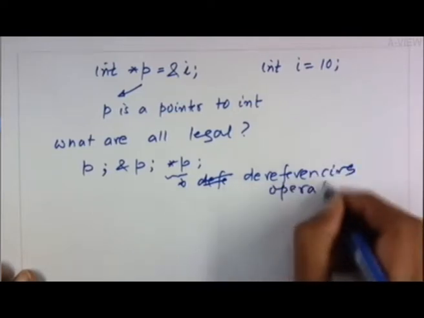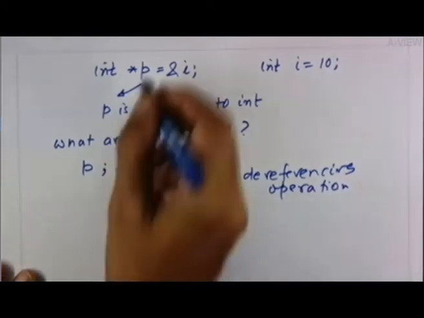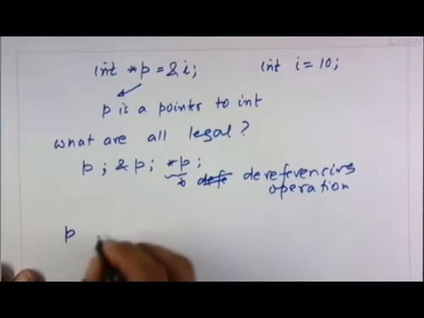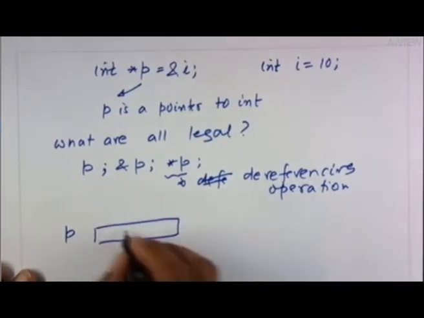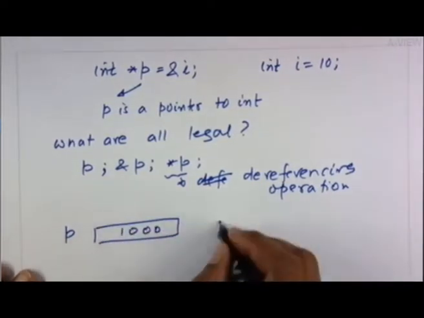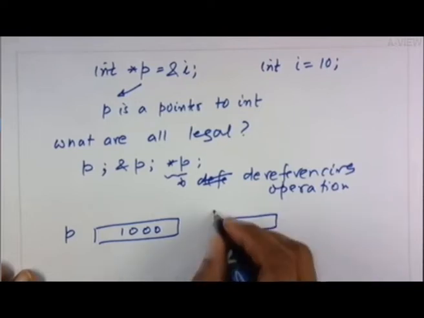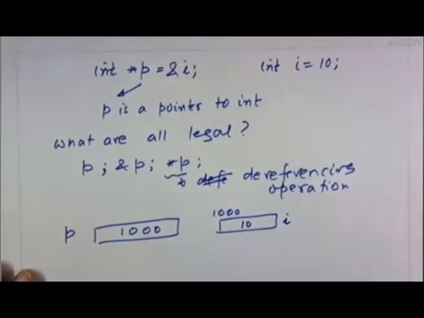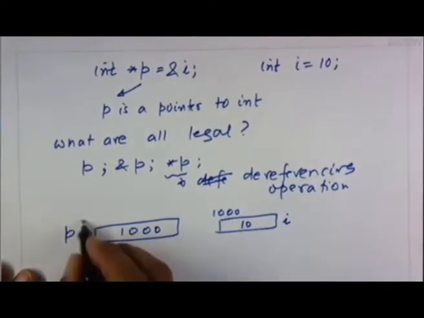Okay, so let me draw a box and clear it out. Suppose the address of i is 1000, then in p what I have stored is just the value 1000. And at the 1000 location, since i's value is 10, this is the address of i. The address of p could be anything, suppose it is 2000.